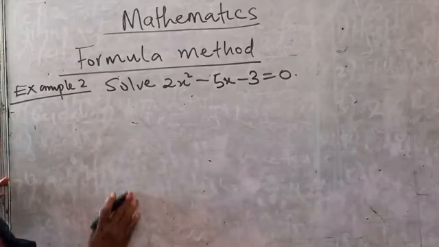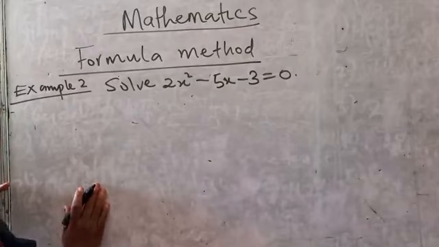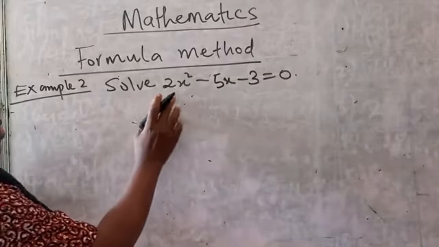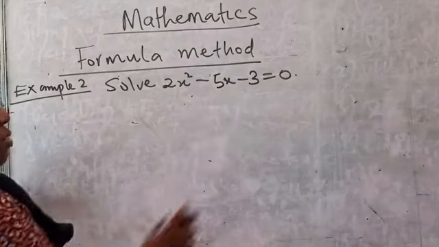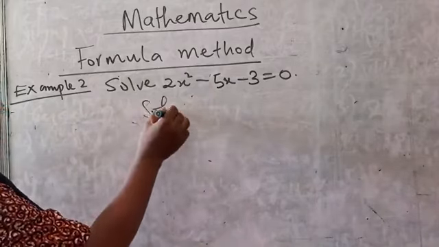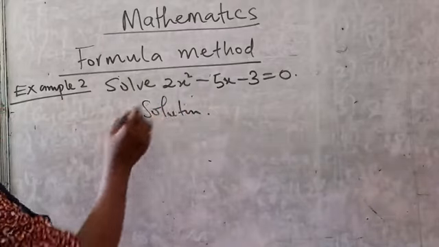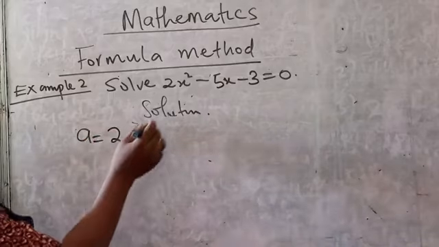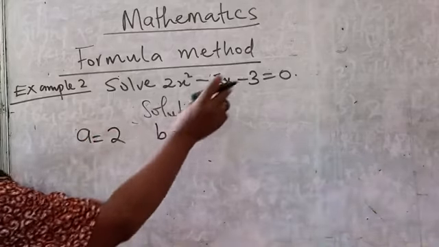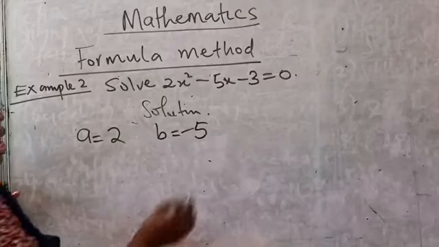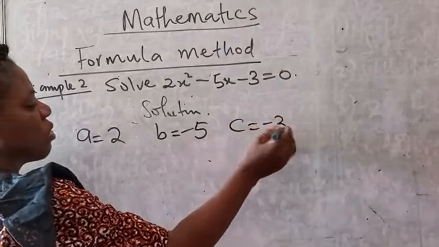Looking at the second example, which we are still solving using the formula method, the question says 2x squared minus 5x minus 3 equals 0. We start working. As I've told us, the coefficient of x squared is our a, and the coefficient of x is our b, which is minus 5, and our c is minus 3.